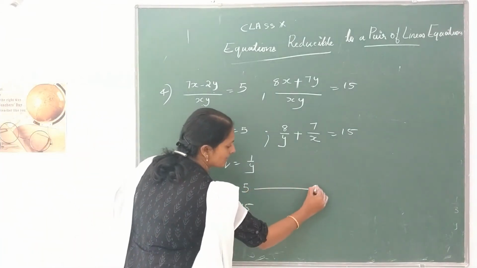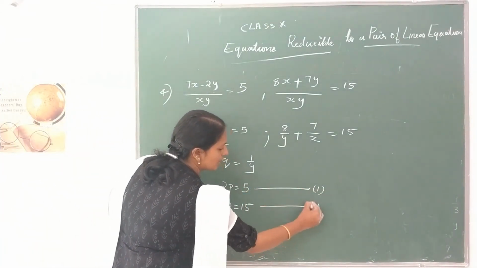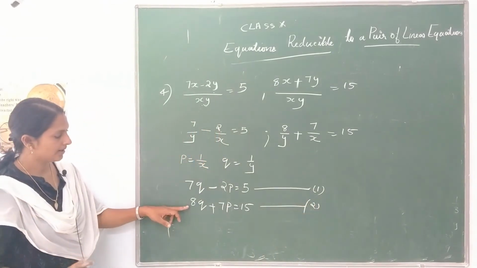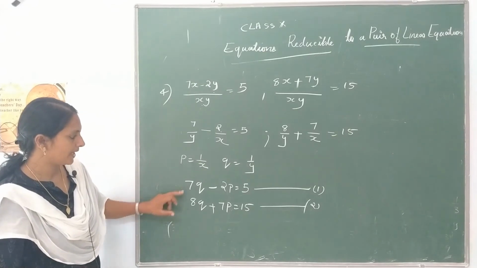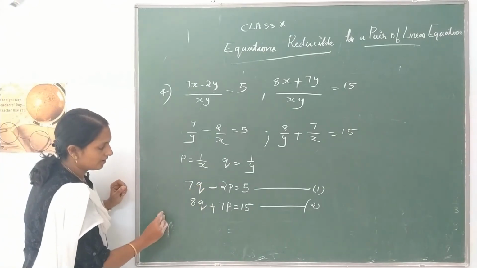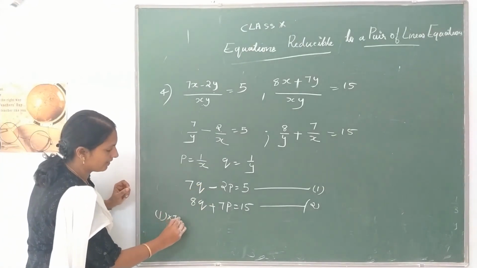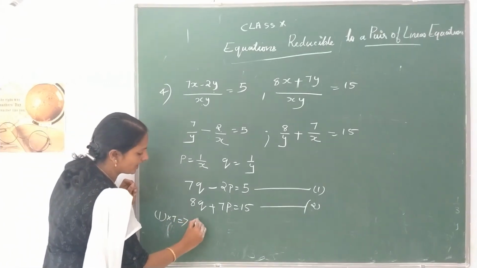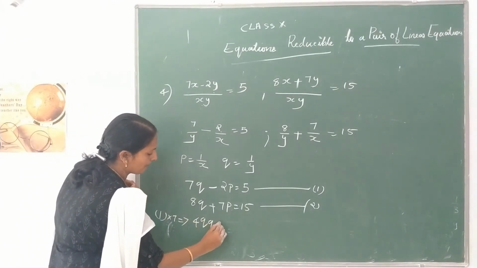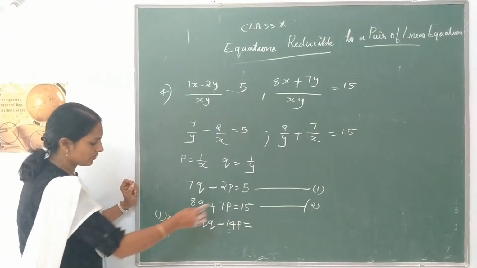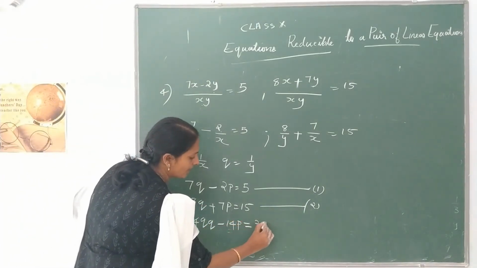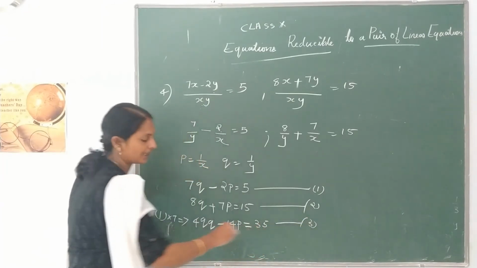Consider this as equation number 1 and this as 2. Then multiplying first equation by 7. That is 49q minus 14p is equal to 7 5s are 35. This is equation number 3.